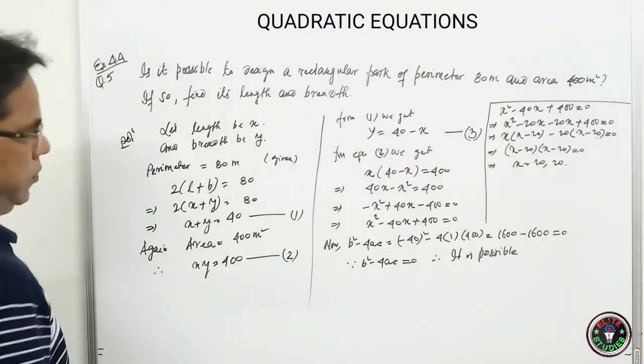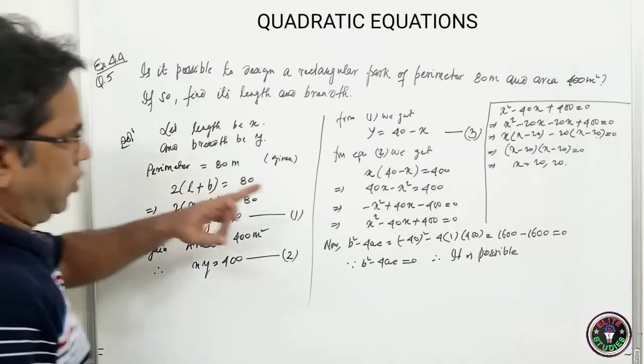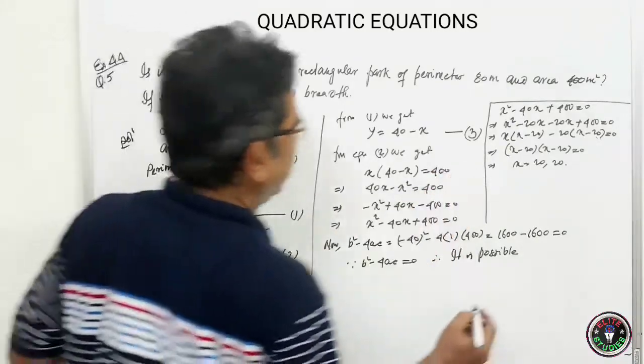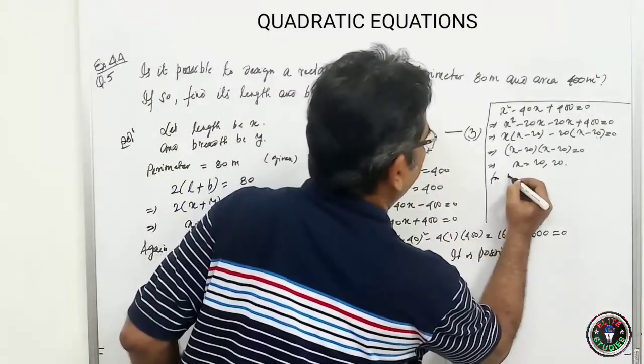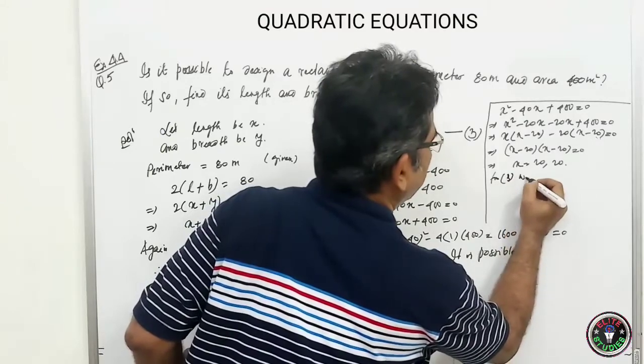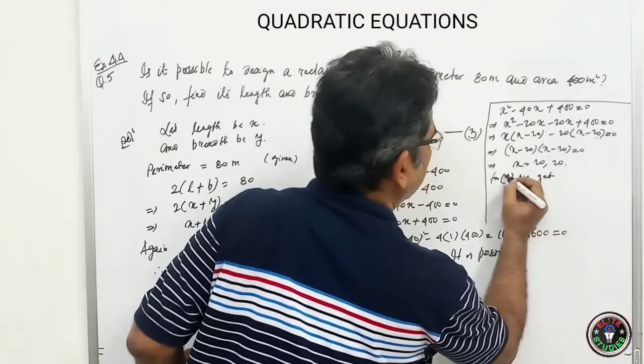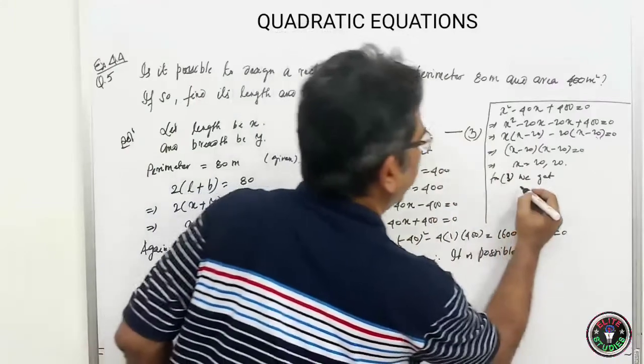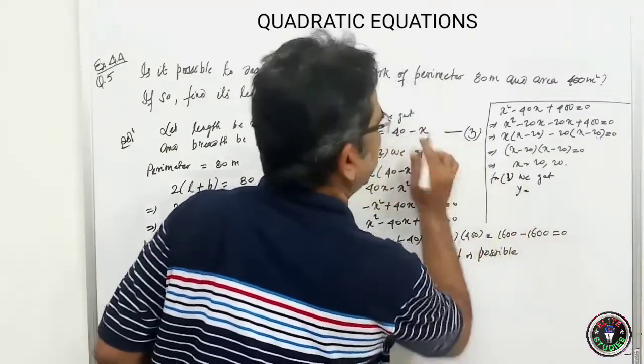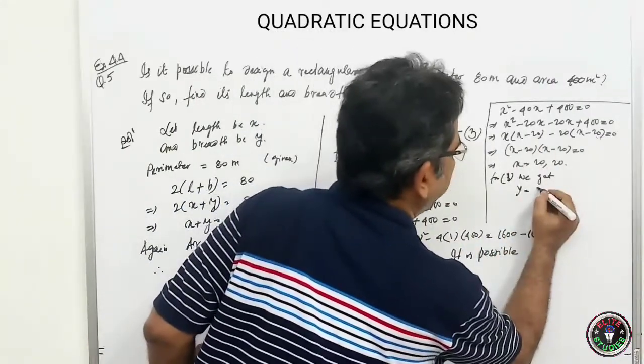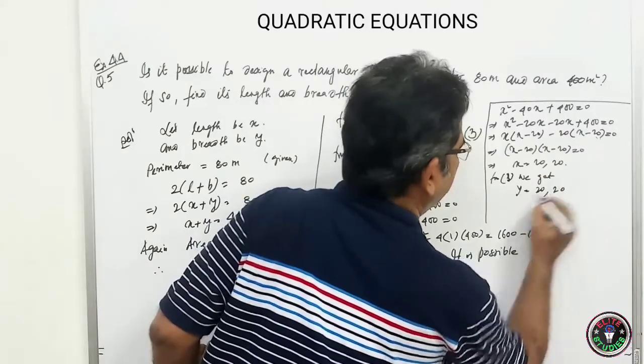So therefore, if x is equal to 20, then from 3 we get y is equal to 40 minus x, 40 minus 20, y is also 20.